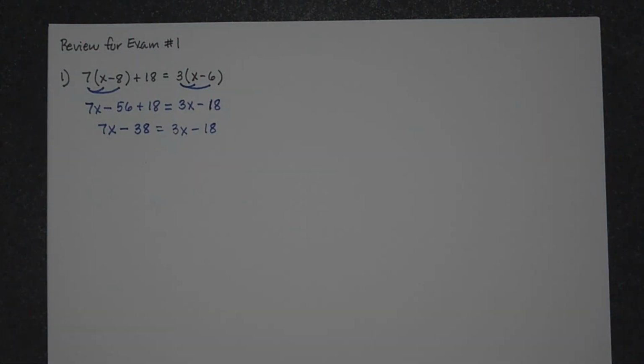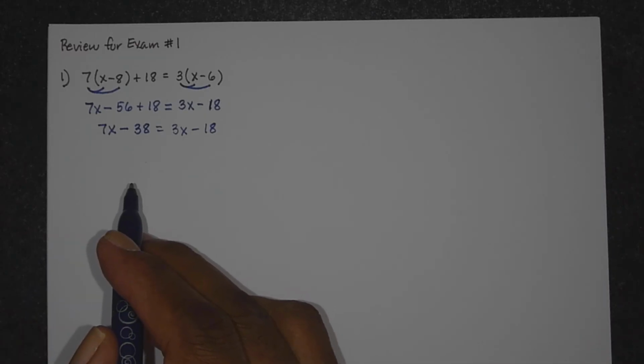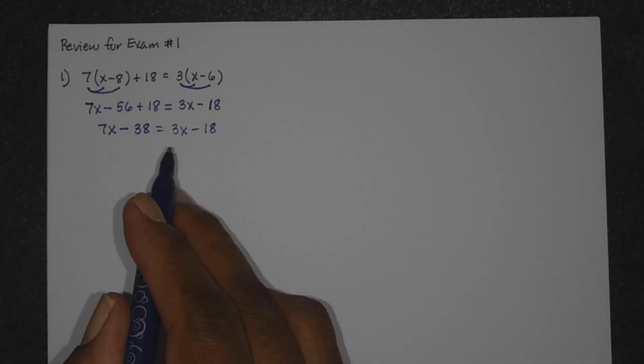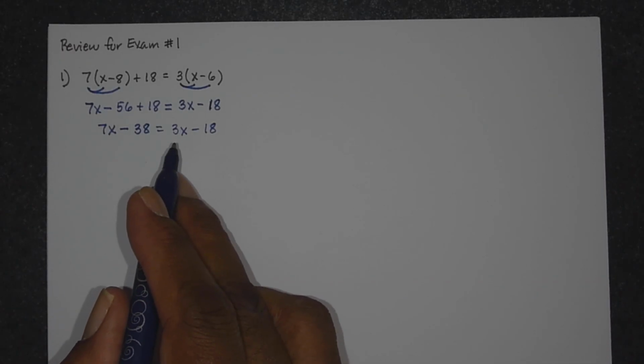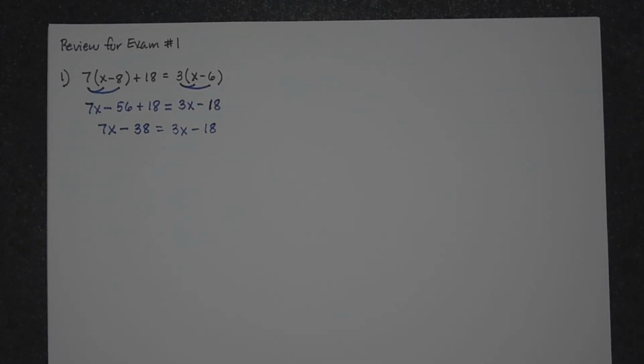And then next I need to get all the variable terms on one side and the constant term on the other side. So what do I need to do to get the x's on one side? Let's subtract the 3x, and it would be best to move the variable that has the smallest coefficient over to the opposite side.